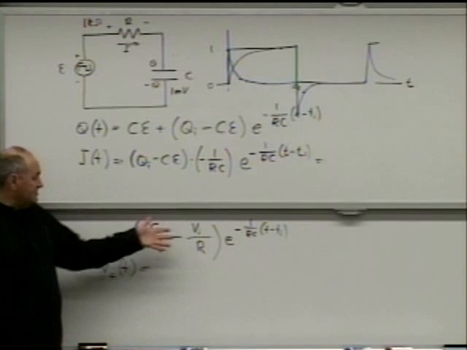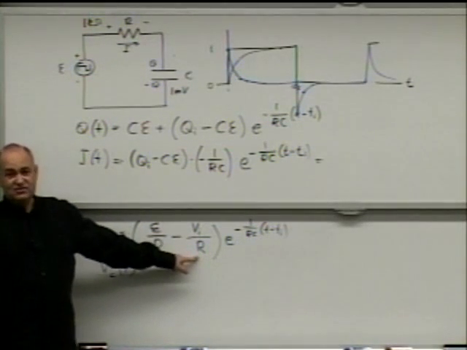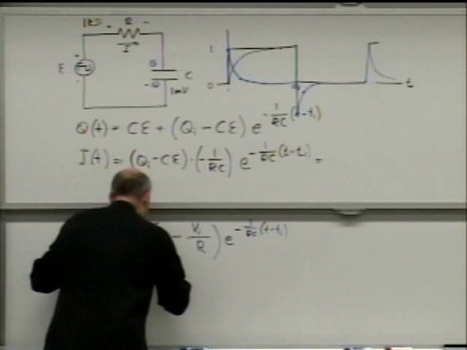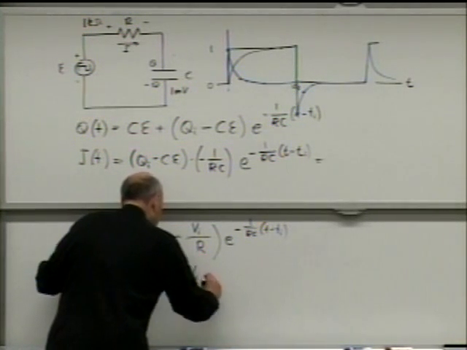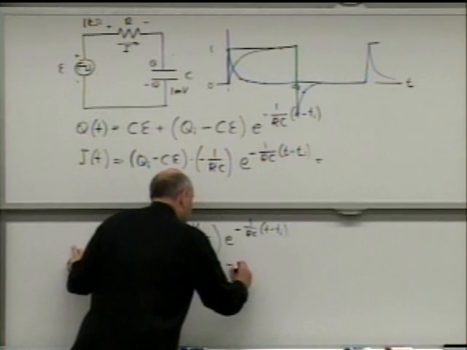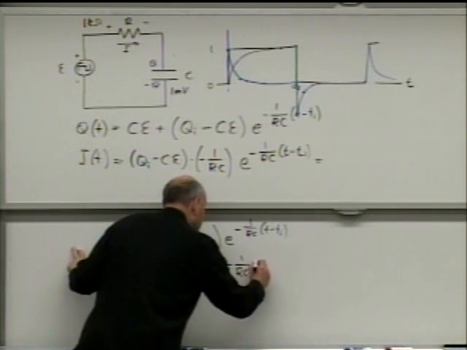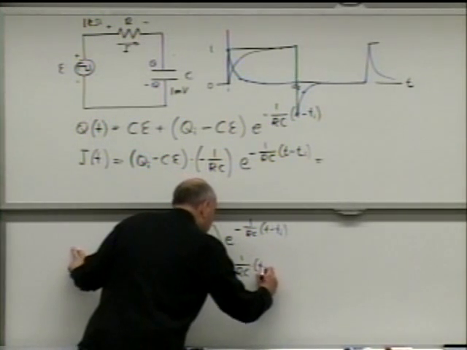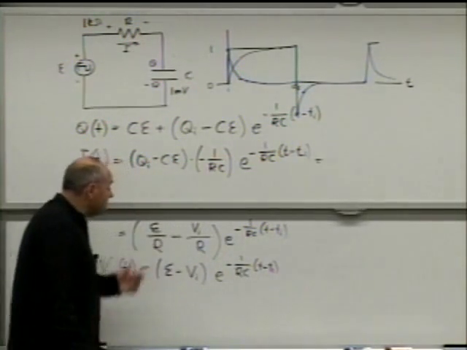If I multiply this expression by resistance, I will get rid of this resistance in the denominator, right? So the answer is going to be epsilon minus initial voltage across the capacitor times e to negative 1 over resistance times capacitance and difference in time between the time of interest and the initial time.